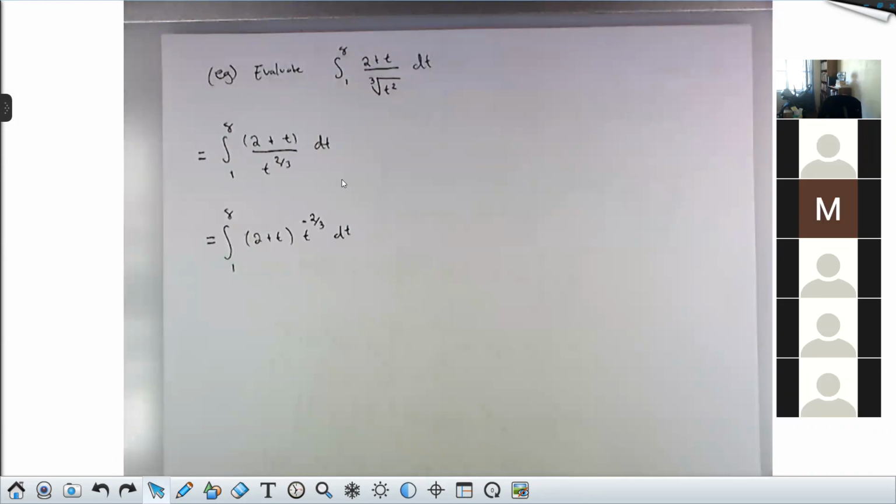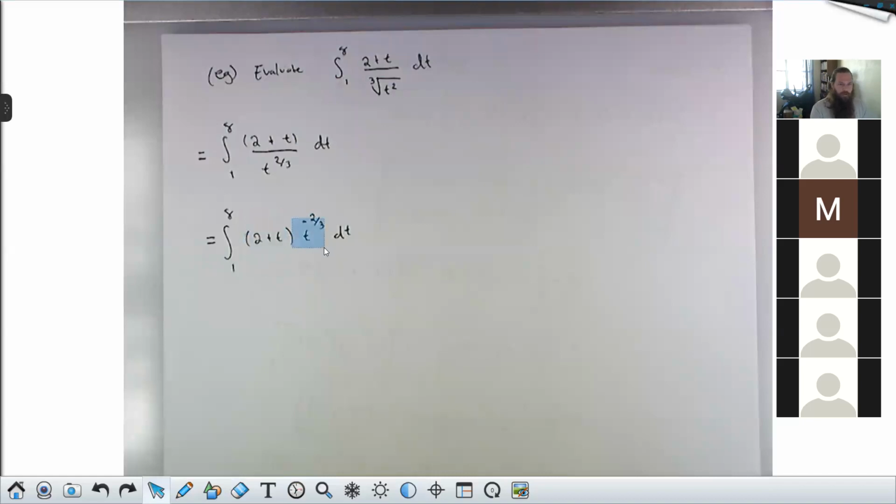No, you would distribute. Yeah, we can distribute the t to the negative 2/3, and we must. Just like you can't differentiate products by differentiating one piece at a time, you can't anti-differentiate products. I can't take the antiderivative of this and multiply by the antiderivative of this. That never works.